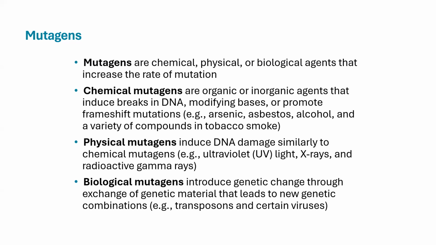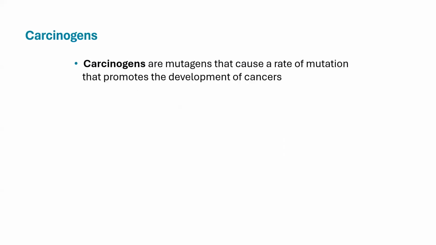And biological mutagens are going to be things like transposons and some oncoviruses. Carcinogens are mutagens that cause a rate of mutation that promotes the development of cancers. And so not all mutagens are carcinogens, but all carcinogens are mutagens.